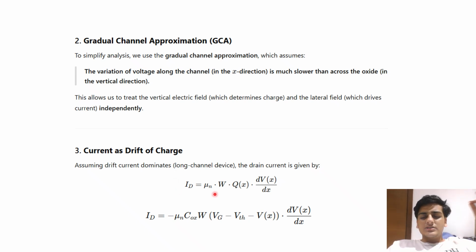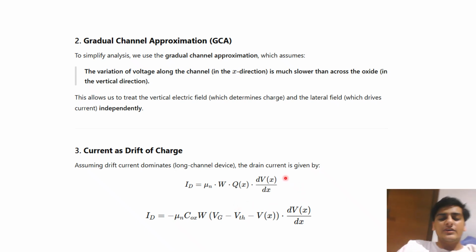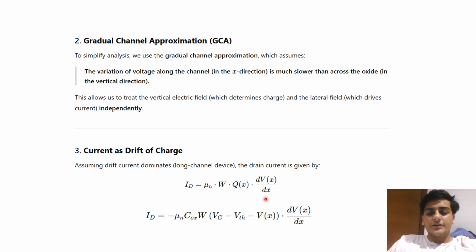We know the drift velocity is mu times the electric field. You have width coming in, you have charge per unit area coming in. You can do the algebra yourself, and you can show that the expression for the drift current is equivalent to basically this expression.